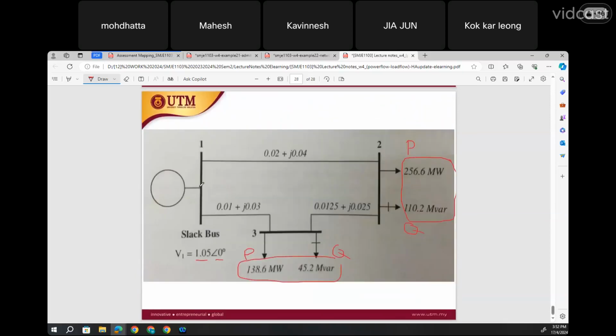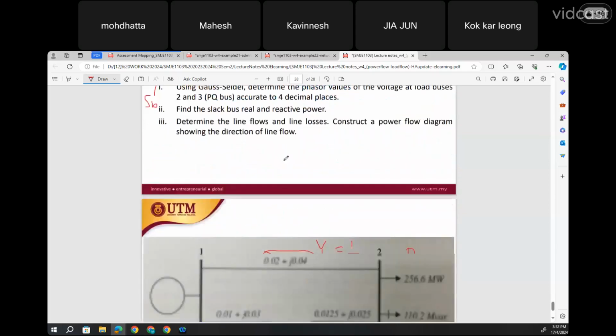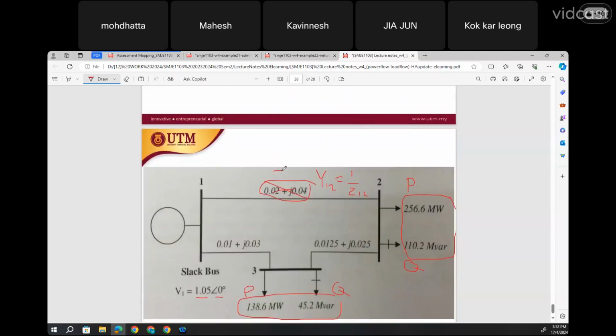If you want to proceed with the analysis, this will be converted into admittance or Y. So this is considered as Z12, but not Y12. Y12 should be 1 over Z12. So given over here is the impedance, so here should be the Z12, not Y12.